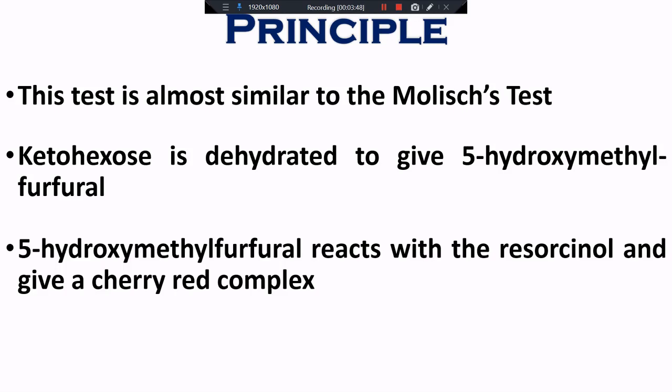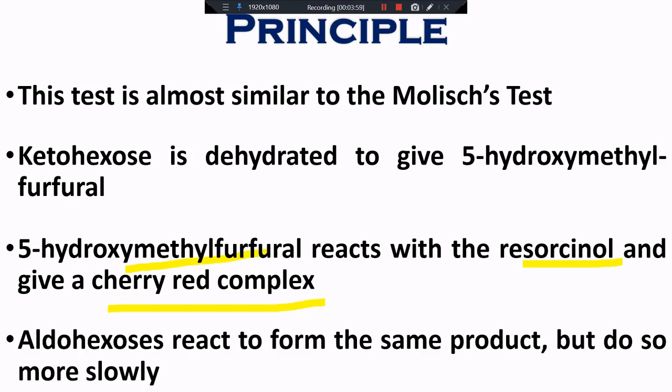This furfural derivative reacts with 2 molecules of resorcinol and gives a cherry red complex. The presence of the cherry red complex indicates ketohexose. Aldohexose reacts to form the same product, but the color is slightly yellowish and the reaction is slow.